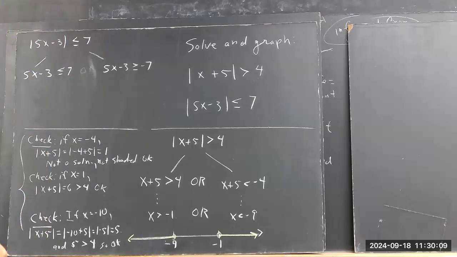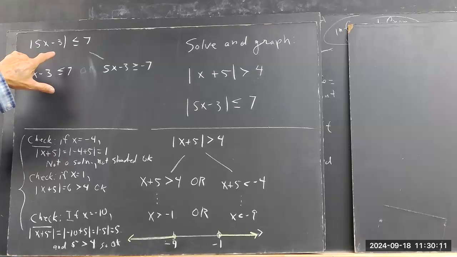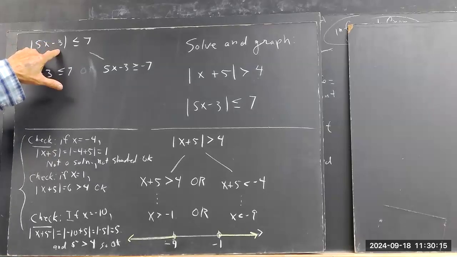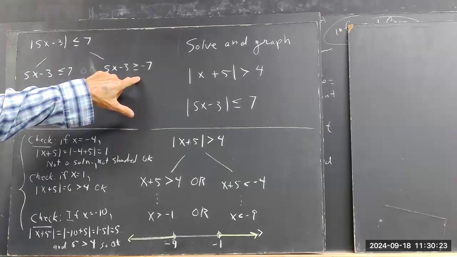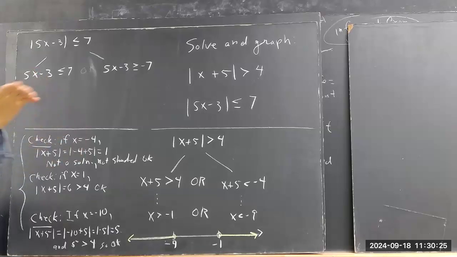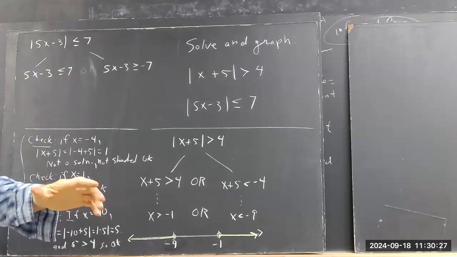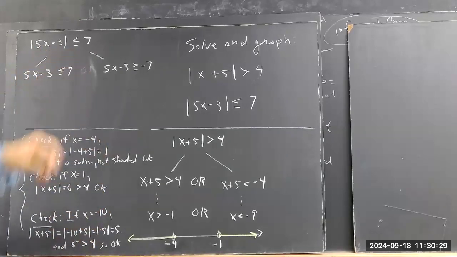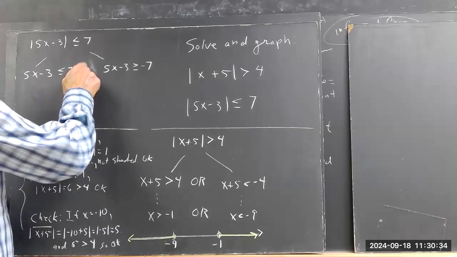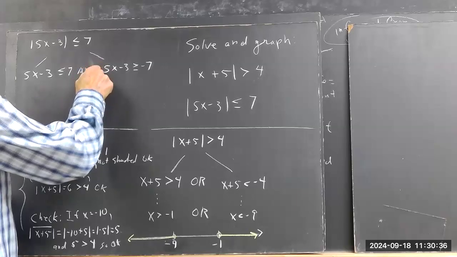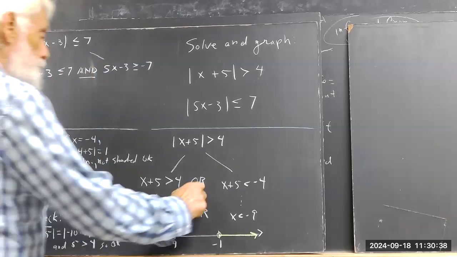Yeah, I should put and there. As long as this number is both less than or equal to 7 and greater than or equal to -7, it's going to work. Any number between -7 and 7 is going to give you an absolute value of at most 7. There's a way to see that on the graph. This is an and, where this is an or.